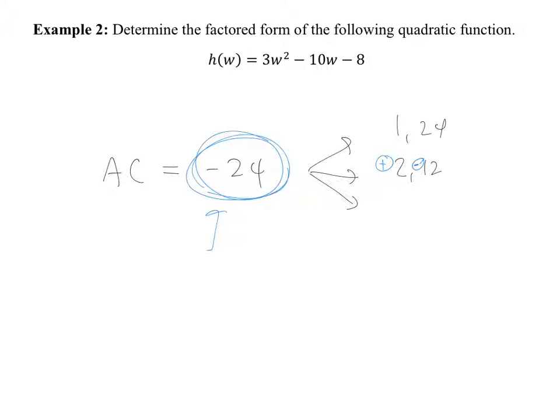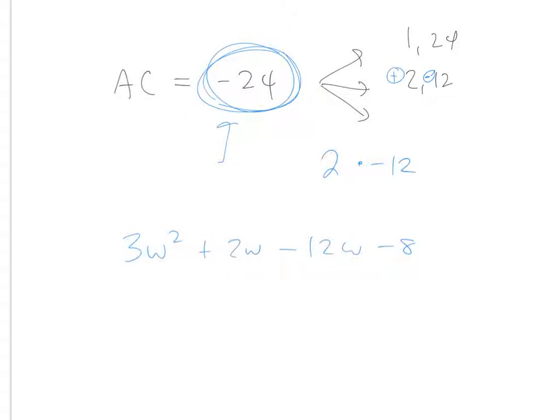So we have to use positive 2 times negative 12. So that's what I break this up into now. Remember, they have to multiply to give you AC, which was negative, so we know that these signs have to be opposites. That's why 6 and 4 doesn't work in this case.